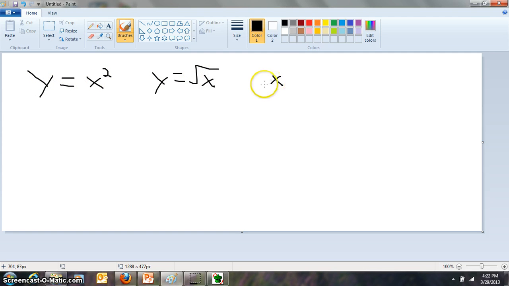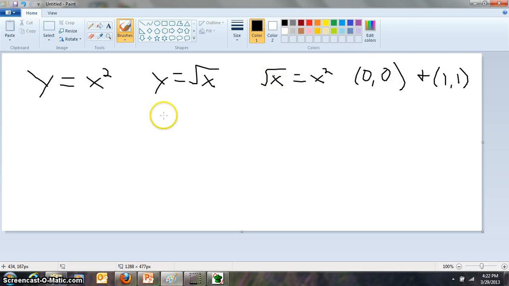So where is the square root of x equals x squared? There's only two real points, and that's at 0, 0, and 1, 1. Those are the only two points where these two will be equal.